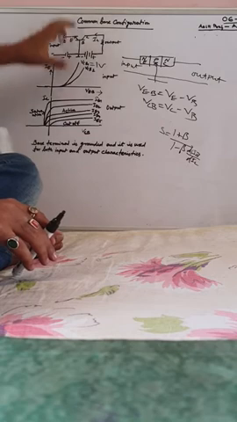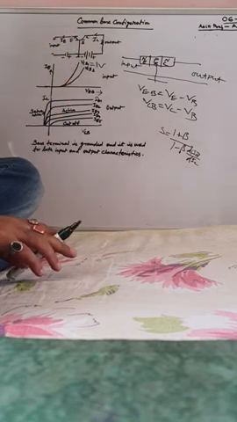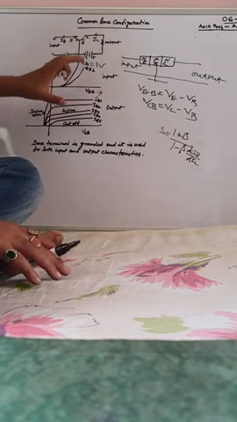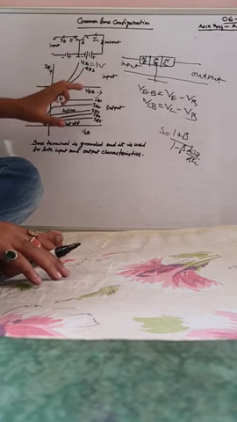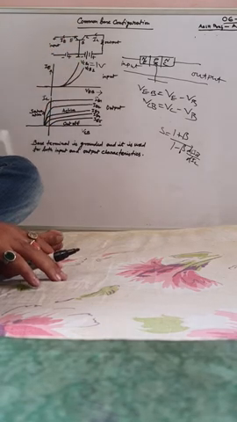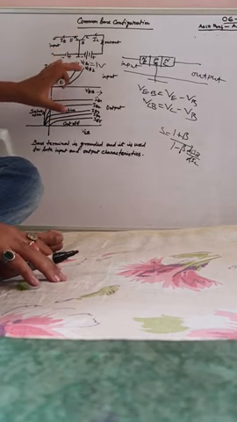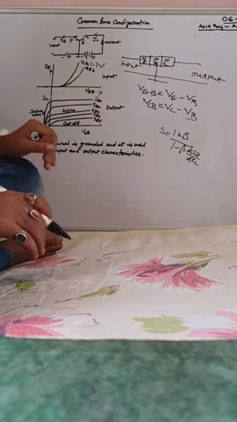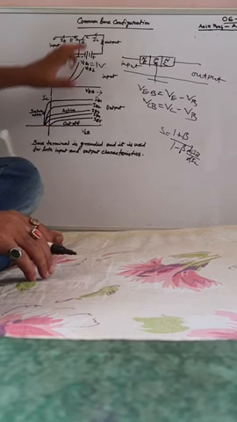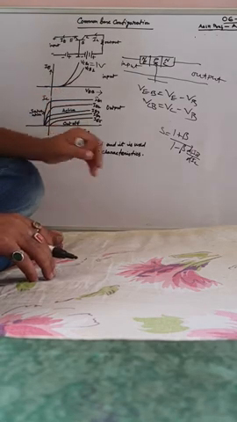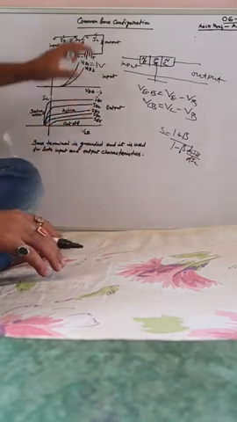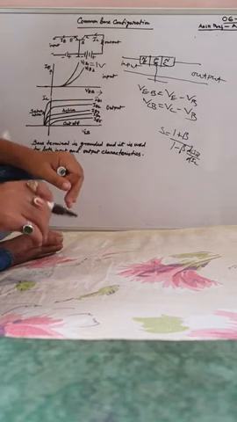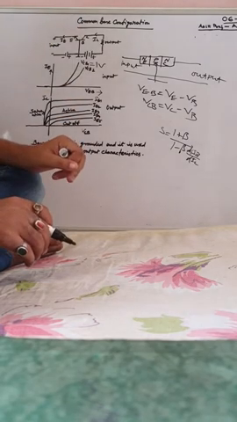Now for this common base configuration, I have given you an example. You can design a common base amplifier with the help of this configuration if you want. Remember, for your knowledge, I have shared the input and output characteristics. Once you remember these things, from tomorrow onwards, class will be based on the mathematical point of view.